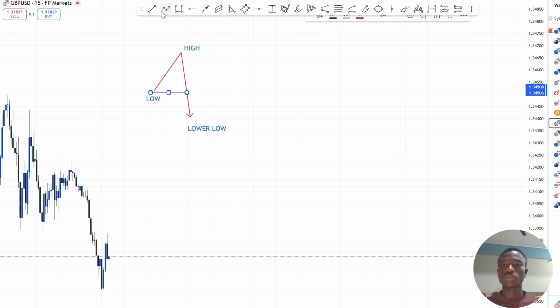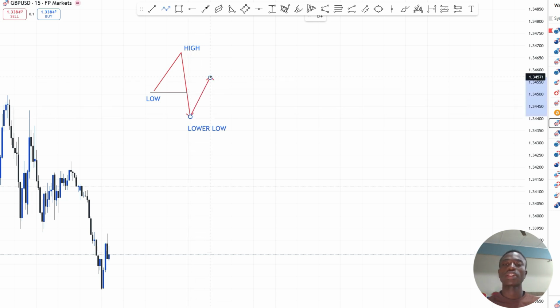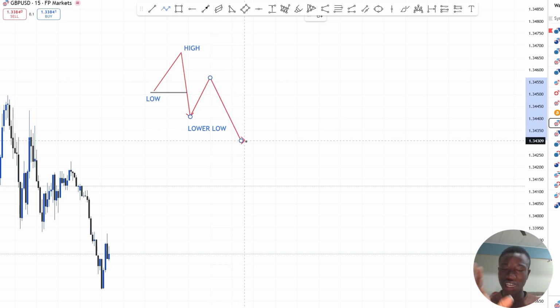Now let's take it from this point. From the lower low we get this one, a high, but this high is lower than this high, so definitely we are going to call this one a lower high. That is why this one is called a lower high. So if you see it at any point, this is the reason.